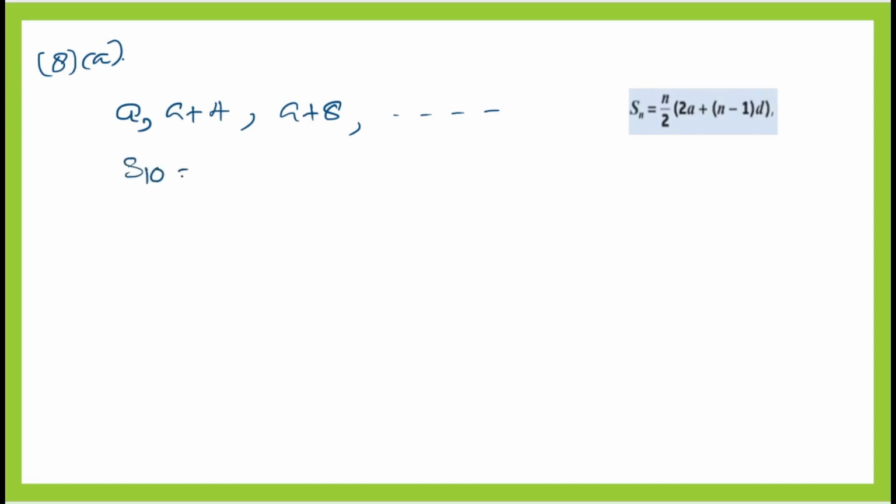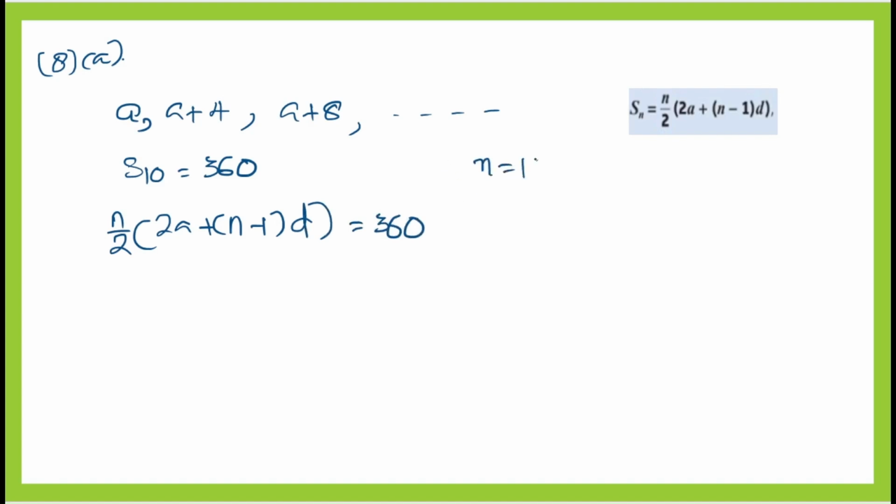S10 equals 360 implies n by 2 into (2A plus (n minus 1) into D) equals 360, where n equals 10 and D equals A plus 4 minus A, it is 4.